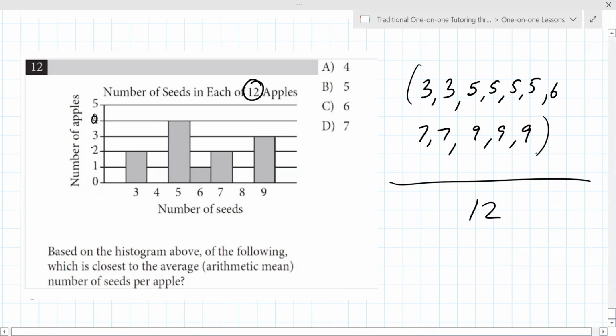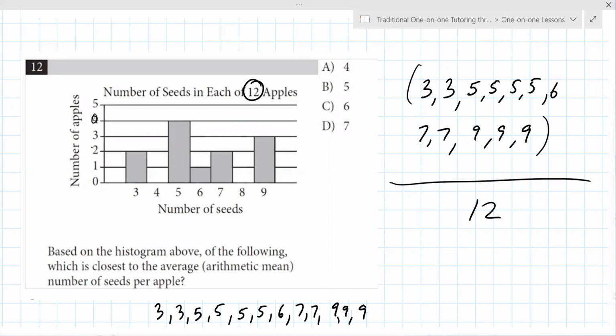So go ahead and do that for us, please. 3 plus 3 plus... 6.083 repeating.